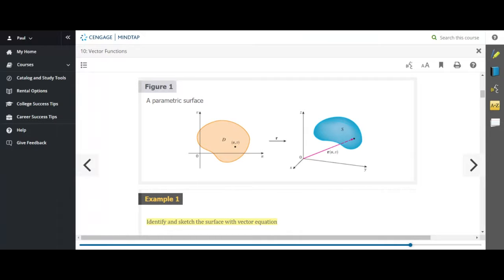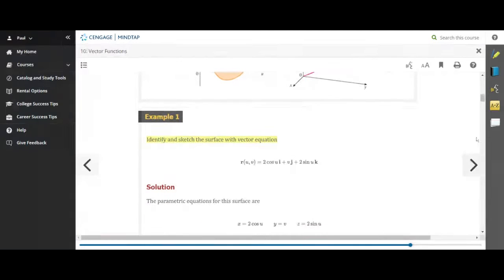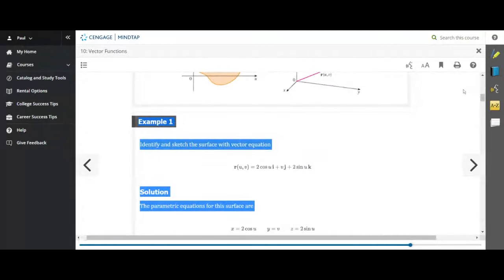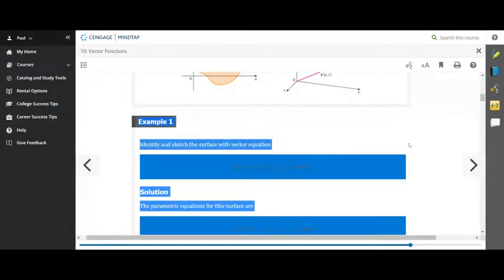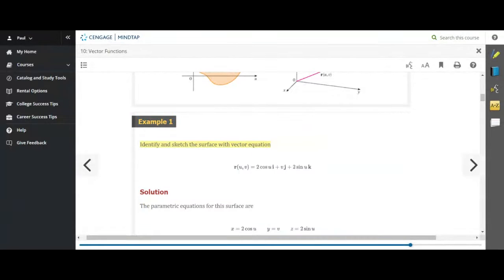Let's go ahead and look at some examples. The first example says to identify and sketch the surface with this vector equation.